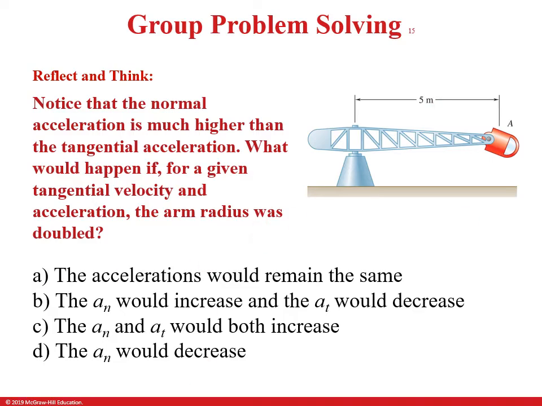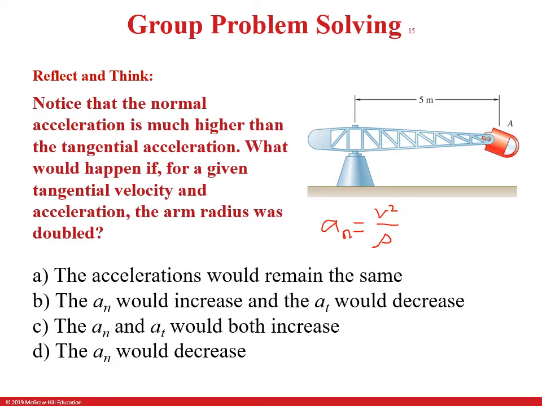Well, I'll write this same formula that I've written down one more time. Obviously, it's a very important formula. a sub n equals v squared, speed squared, over rho. If rho is doubled, basically we know our normal acceleration is going to go down.